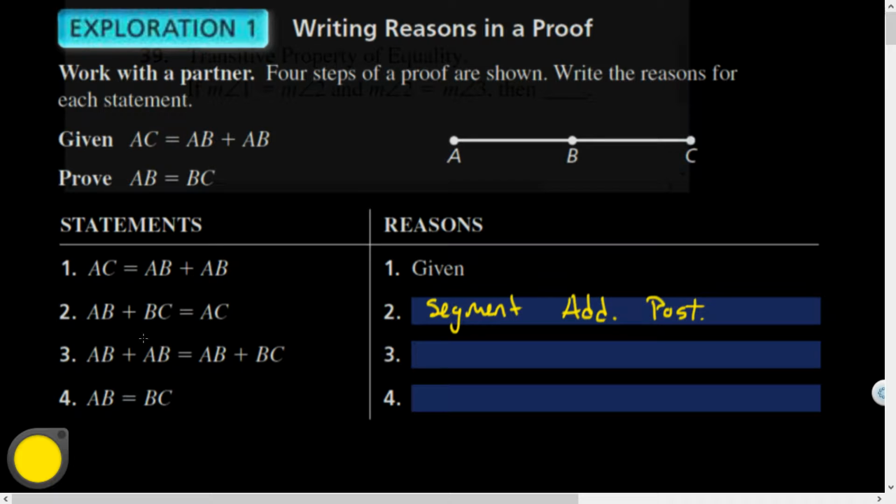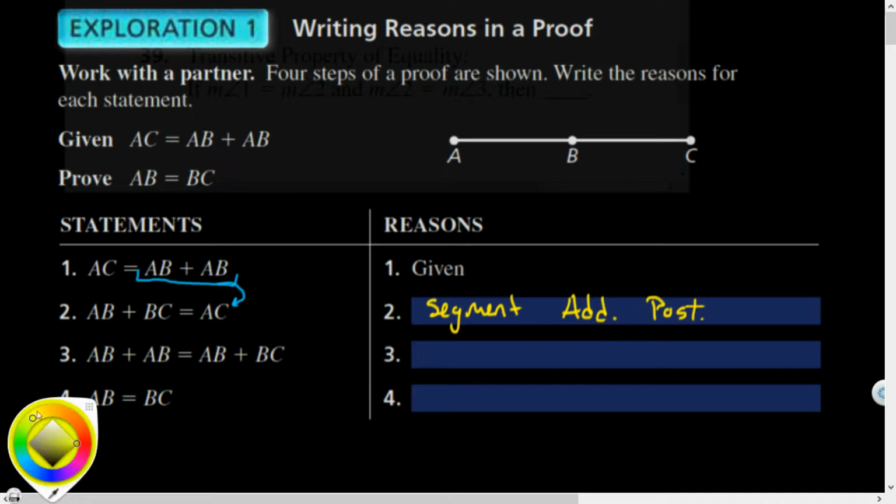Now what we're seeing is AB plus AB is equal to AB plus BC. Does anyone see what happened there? I think what they did was this: if these two things are equal, they then substituted this in for AC.